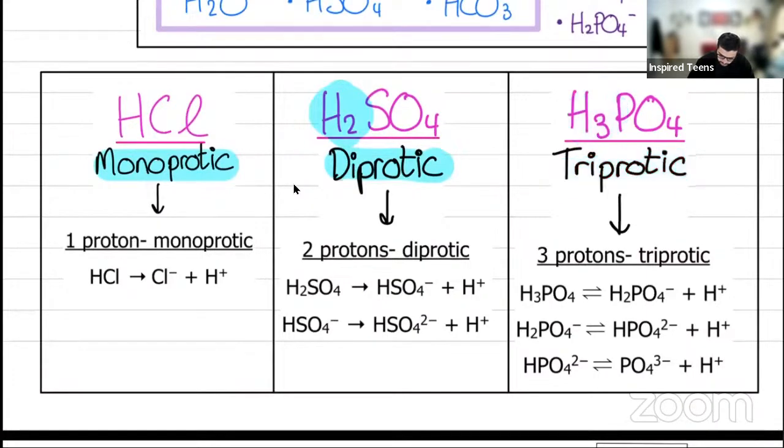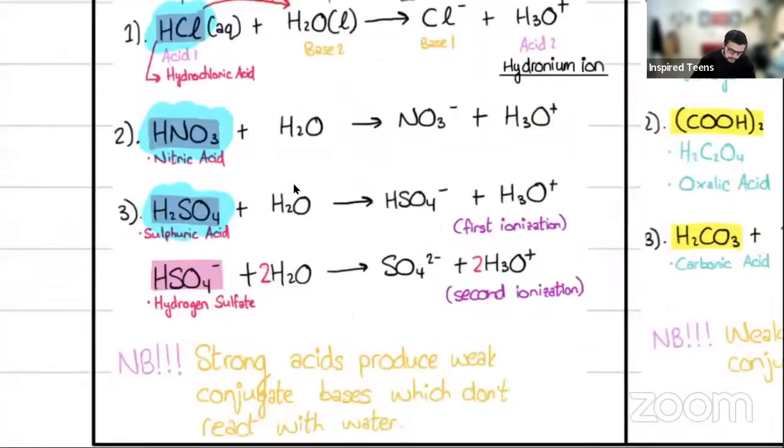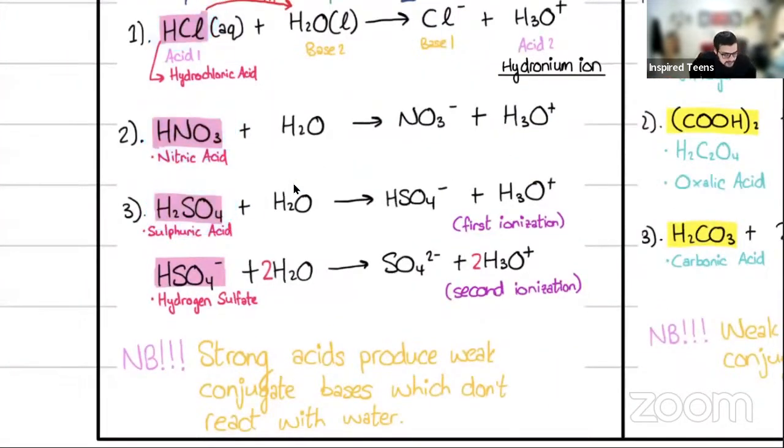So going back here, these are ionization reactions, right? As you can see, we have a first ionization and a second ionization. When it comes to diprotic acids, they have two ionization reactions.